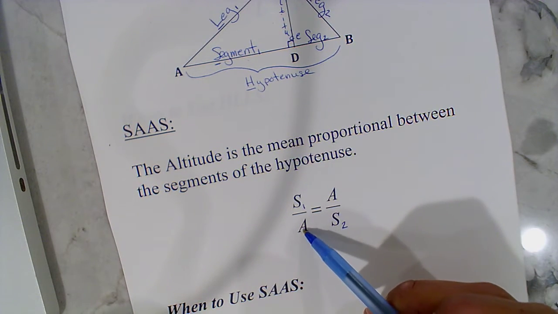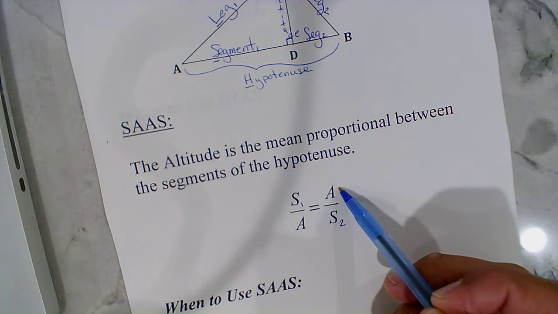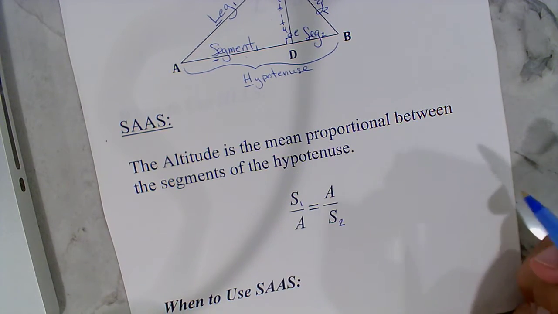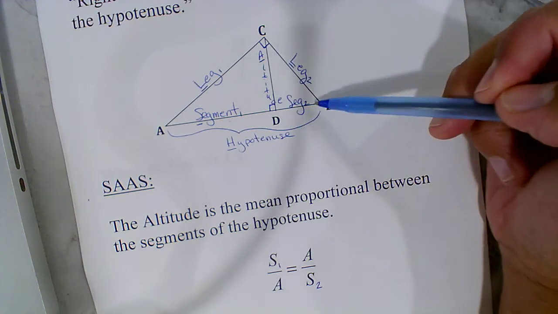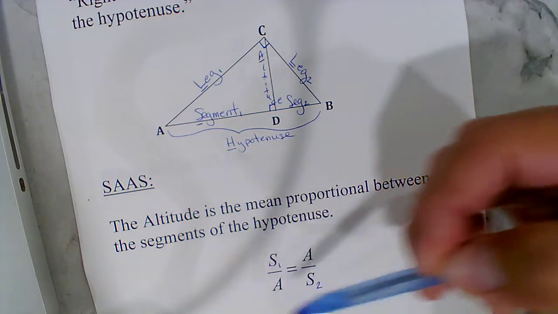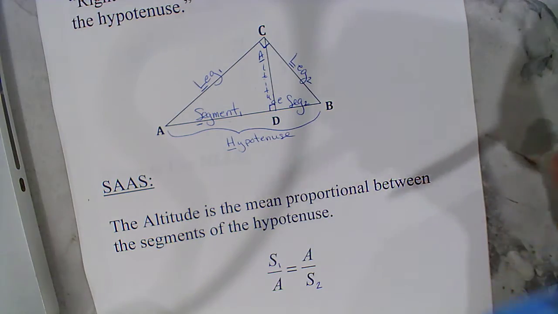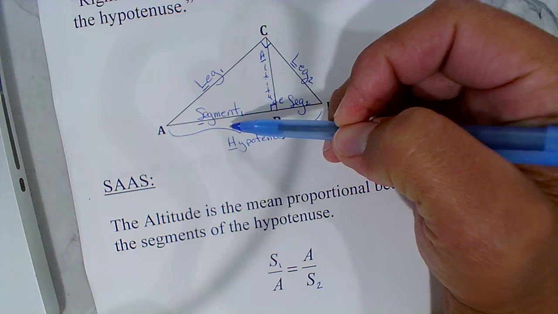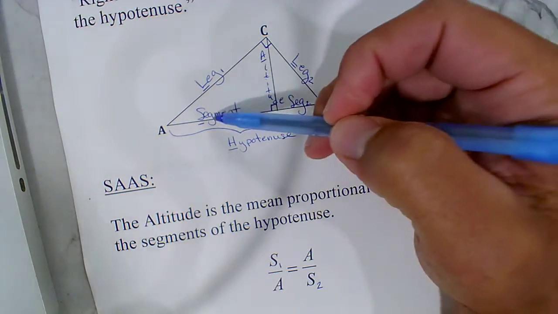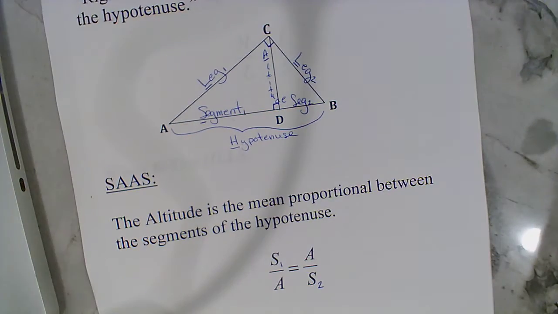So your altitude, if it goes in the bottom left, it goes in the top right as well. All this means is that if you know a segment and the altitude, you can write a proportion between them. But more than likely, you'll have the altitude and one segment and you'll have to figure out the other. Or you'll have both segments and you have to figure out the altitude.